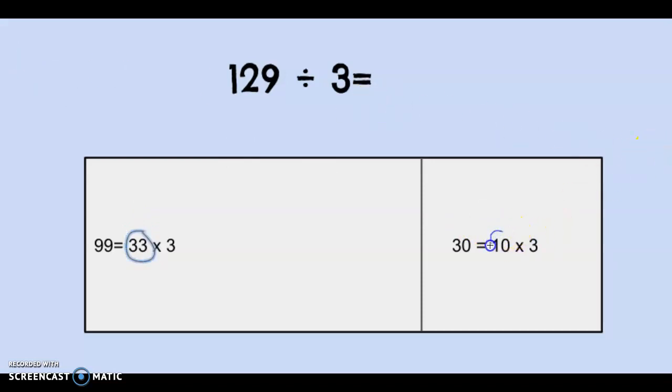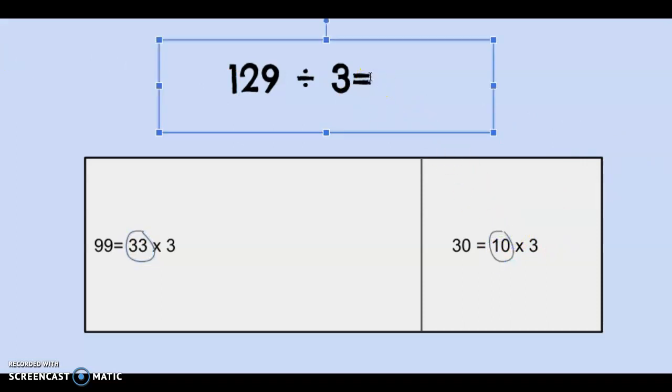Here's my 10. And so it equals 33 plus 10, which is 43.